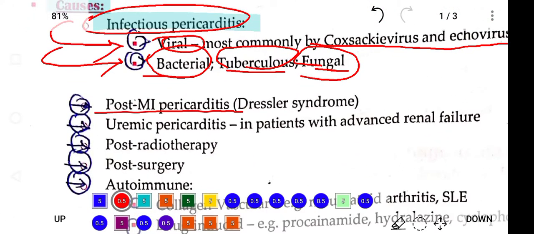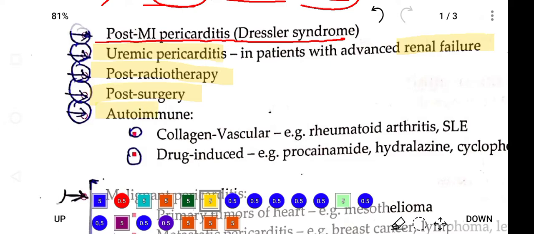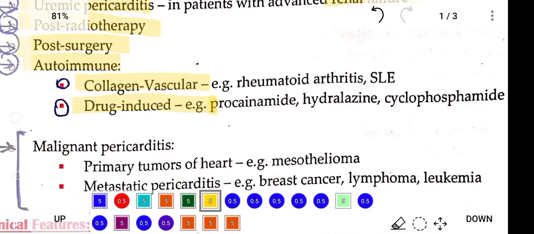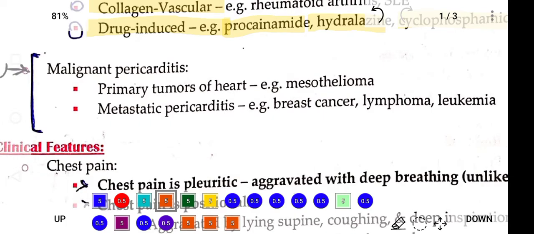Post-MI pericarditis, also known as Dressler syndrome, can be a causative risk factor. Uremic pericarditis occurs in patients with renal failure. Post-radiotherapy, post-surgery, autoimmune and collagen vascular disease patients, and drug-induced pericarditis are also present; the drugs are procainamide, hydralazine, and cyclophosphamide.